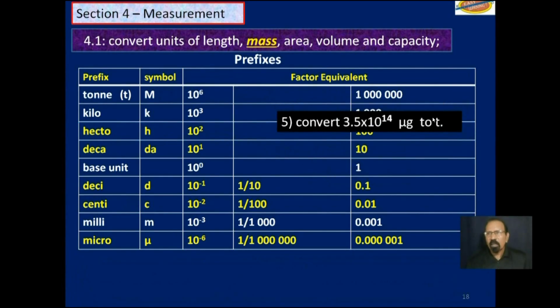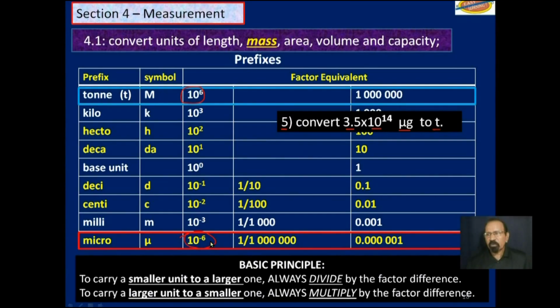Example 5, convert 3.5 times 10 to the 14 micrograms to tons. So where are we? We are at microgram here, and we want to carry all of that to tons, which is up here, which is actually megagram. So let's find our factor difference.